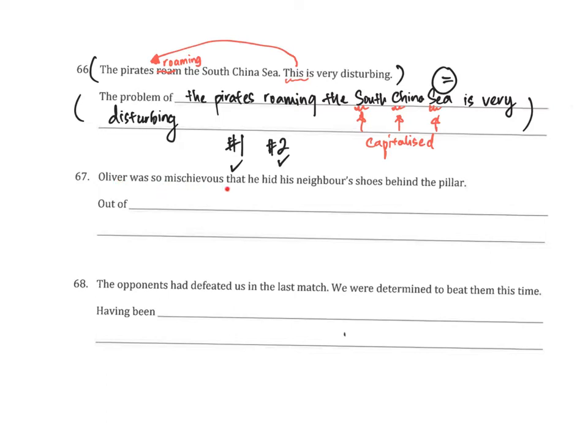Question 67. Oliver was so mischievous that he hid his neighbor's shoes behind the pillar. Okay, so out of what? Out of, so I need to change this word mischievous to out of what? Out of mischief. All right, mischief refers to when someone does something for fun and it inconveniences others.